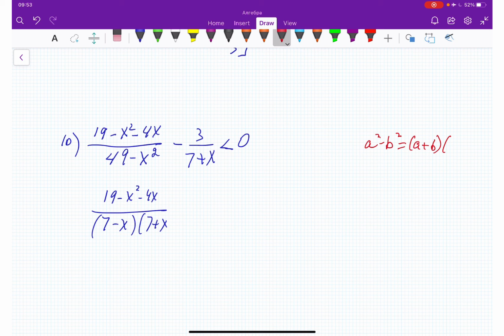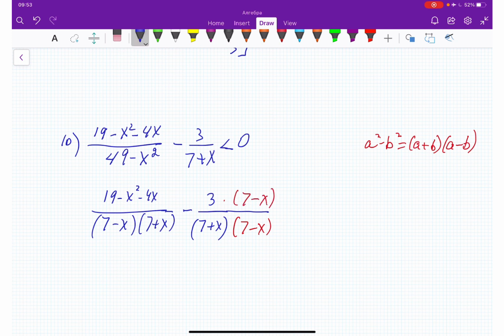Since we have a 7 plus x, we are missing 7 minus x, so I'm going to complete it. 7 minus x, and remember, whatever change I make to one side of the fraction, I have to make exactly the same change to the other side of the fraction. 7 minus x, and we get less than 0.